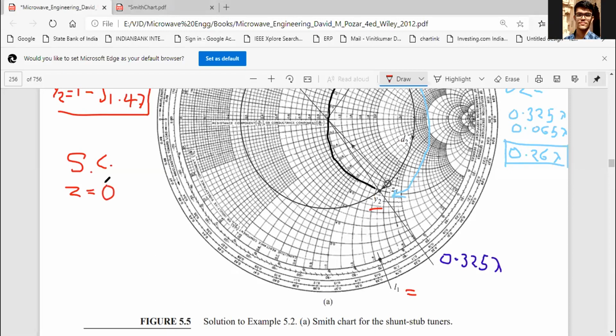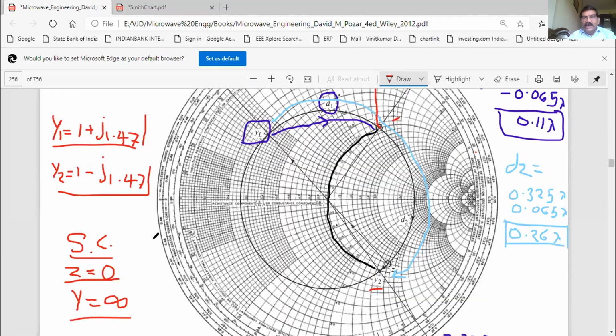And for Y, why do we have to go for Y? For Y it will be infinity. We are considering the short circuit. For the short circuit, Z equals 0, and we have to consider Y because every calculation we are doing is in Y, it is the shunt stub, so it will be infinity.